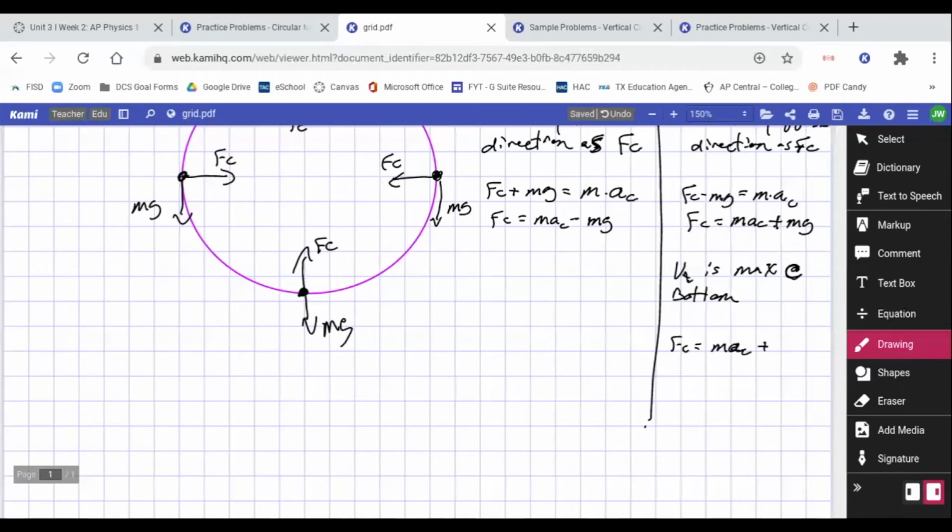MAC plus mg. Well, if we're talking about velocity, we're not talking about acceleration. So I want to get rid of that acceleration and plug in what velocity is. Remember, acceleration is equal to velocity squared over r. So we would just change this to say Fc is equal to mass times velocity squared over r plus mg.